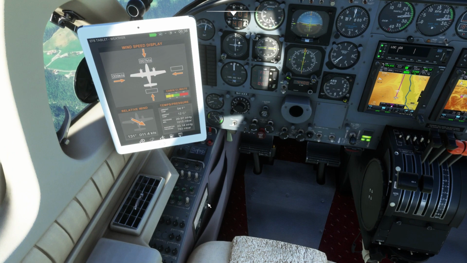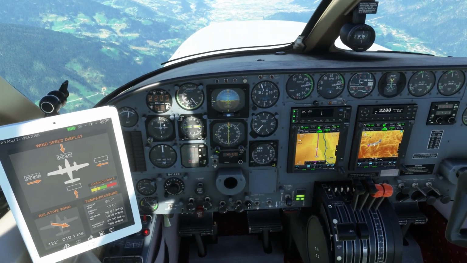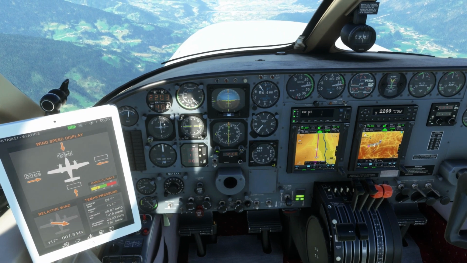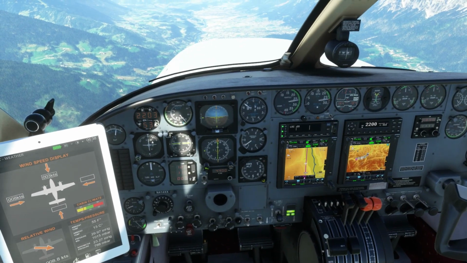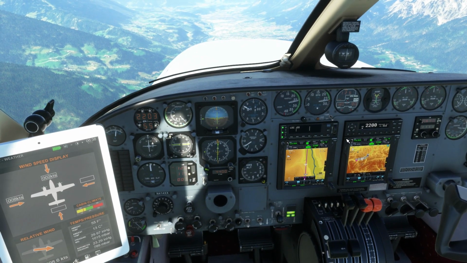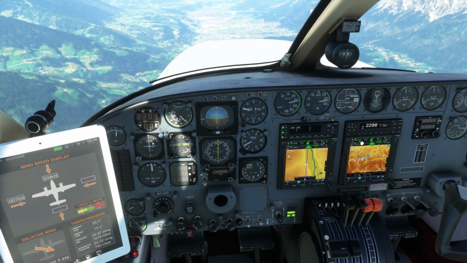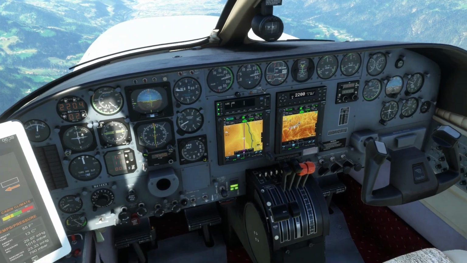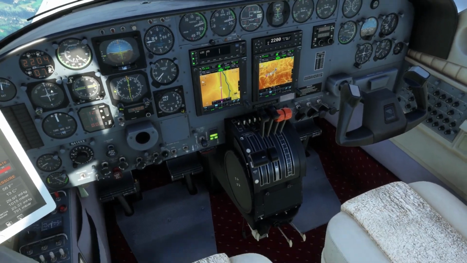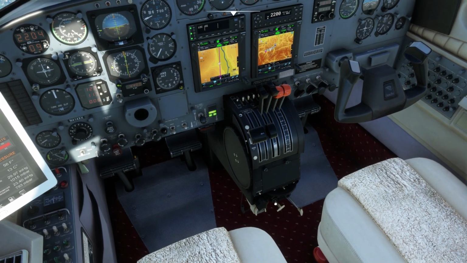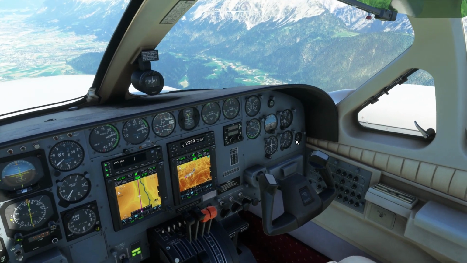Lights are on. Let's leave it at that. Speed is above 100. Let's pull down on the throttle a bit. Okay, engine is a bit high on temperature. Let's prepare for a go around and open the cowl flaps.